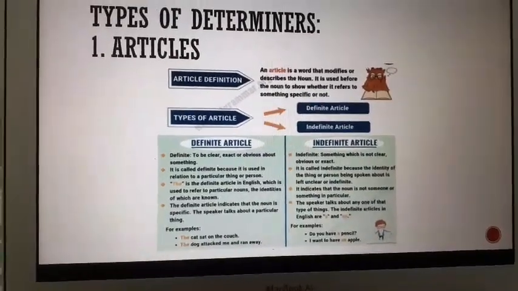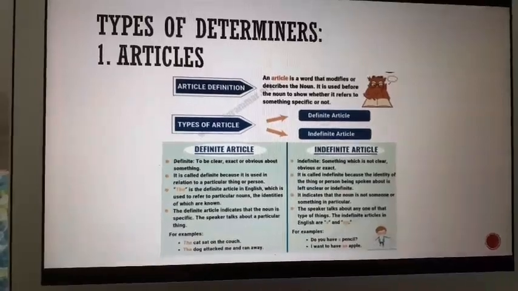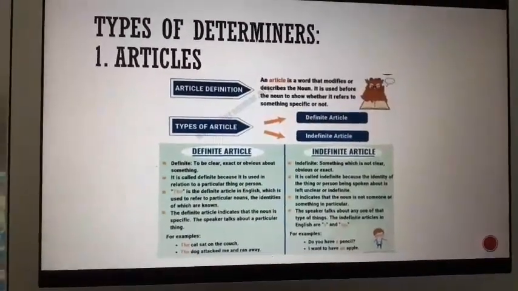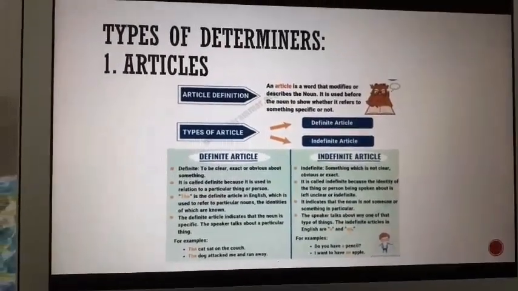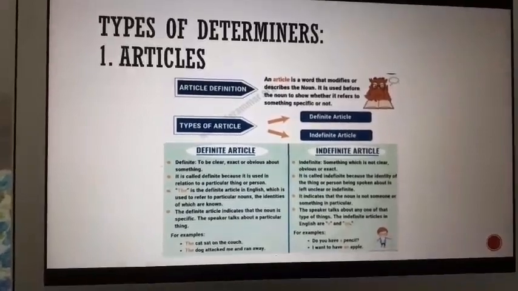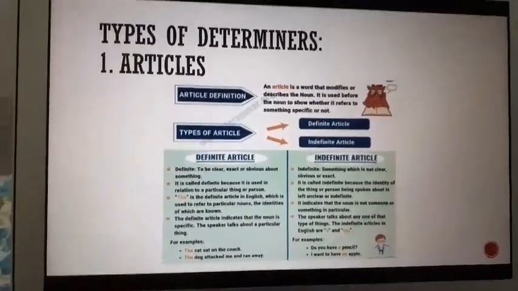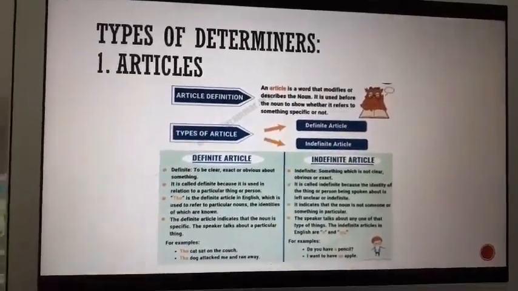But if I'm talking about something like a monument, I can say monuments in general or a monument, right? Because I'm not talking about a particular monument. I just might say a monument is a historical place. So I'm talking about monuments in general and not about any specific monument, right?